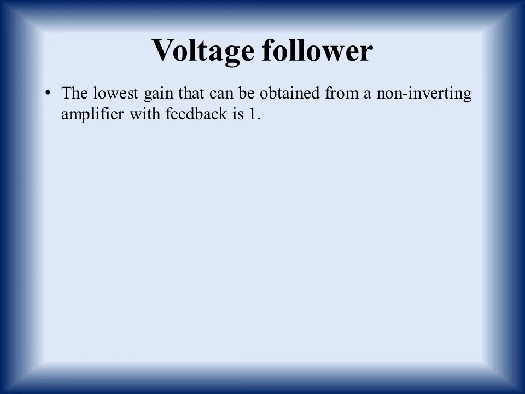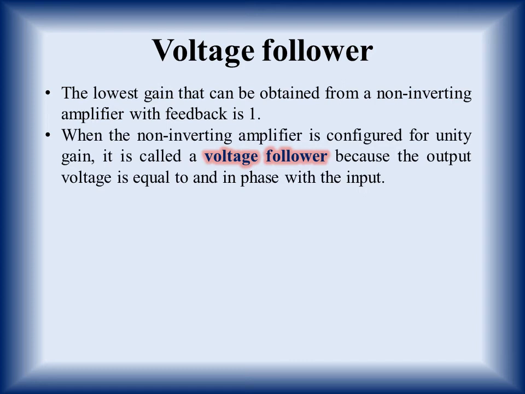So lowest gain that can be obtained from non-inverting amplifier with feedback is 1. If RF and R1 both cancel out each other, then the gain will be 1. When the non-inverting amplifier is configured for unity gain, it is called voltage follower.